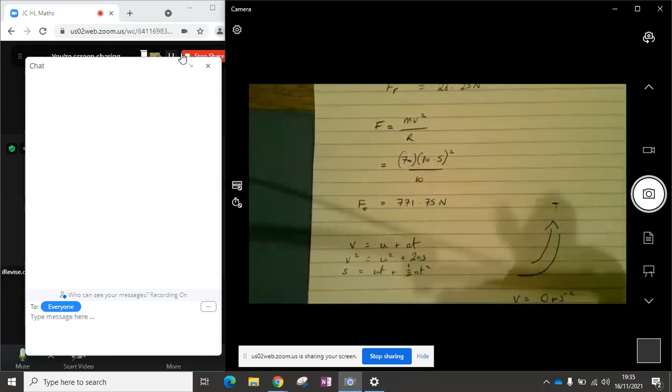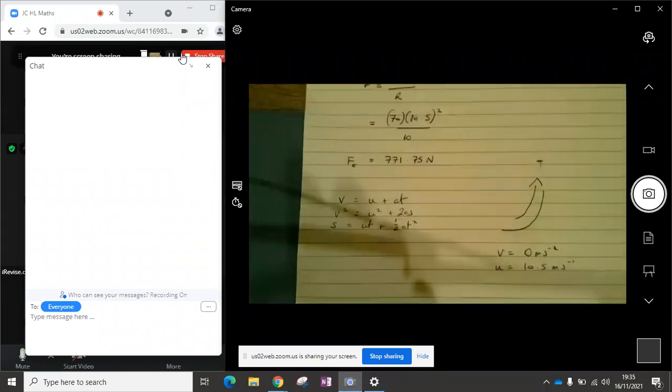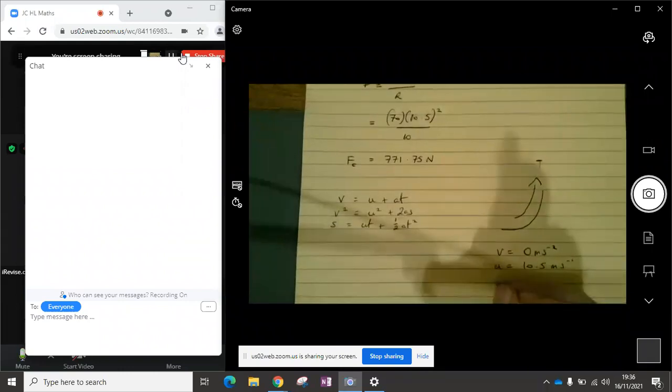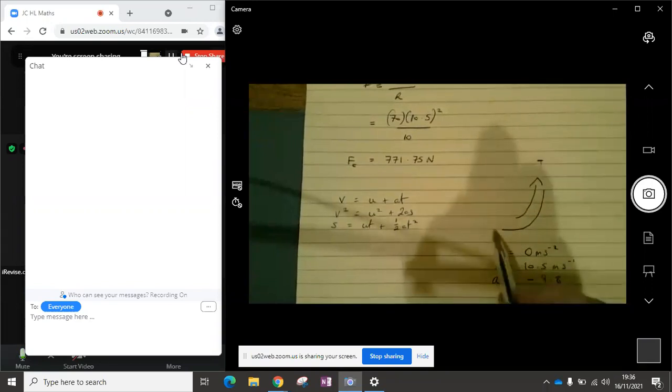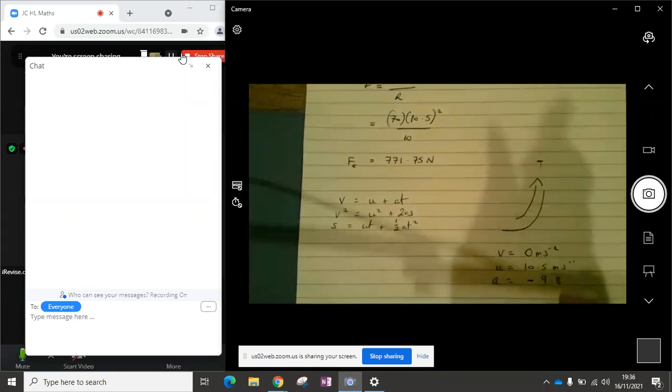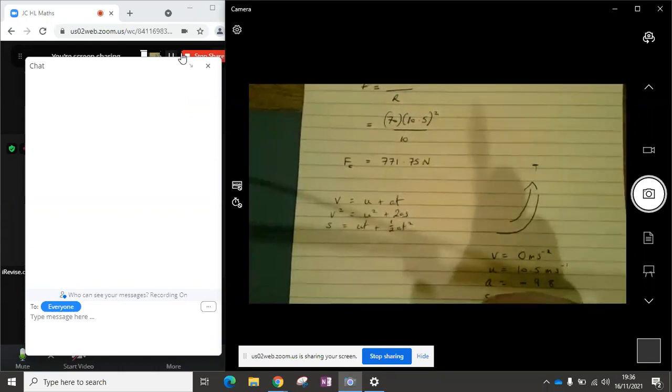His initial speed, we're told in the question, is 10.5. His acceleration is minus 9.8, because if he's going up away from the ground, he's at a negative acceleration. And s, his displacement, is what we're looking for.